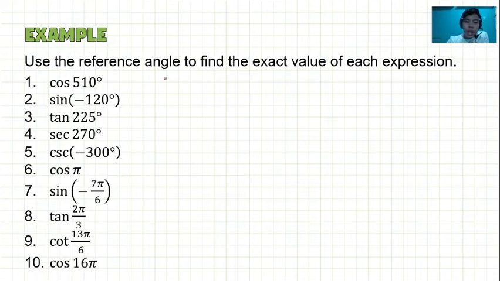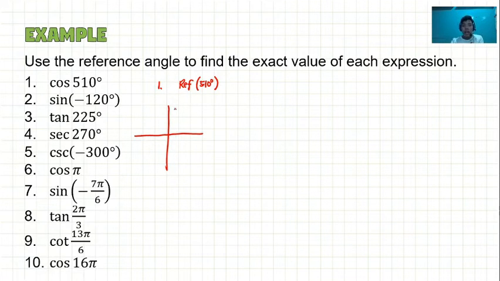So for number 1, we need to solve first for the reference angle of 510 degrees. So in that case, we need to locate first angle 510 degrees. So 510 is more than 360 degrees.